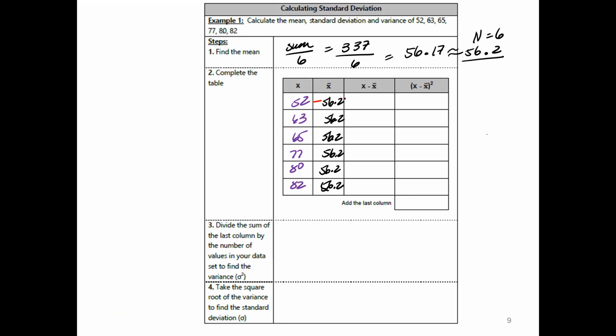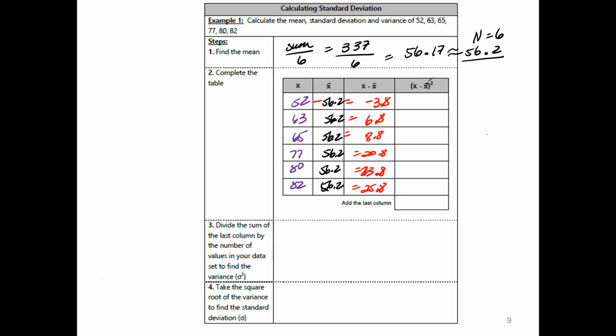Once you do subtract that, your answer here is going to give you a negative 3.8, positive 6.8, positive 8.8, positive 20.8, 23.8, and then of course 25.8.